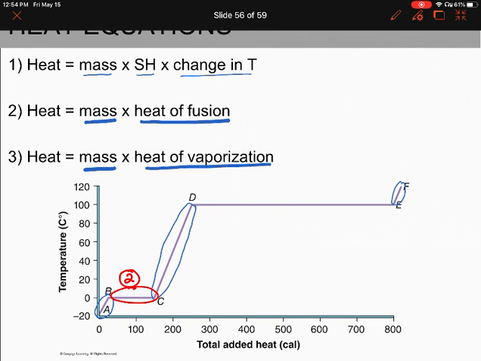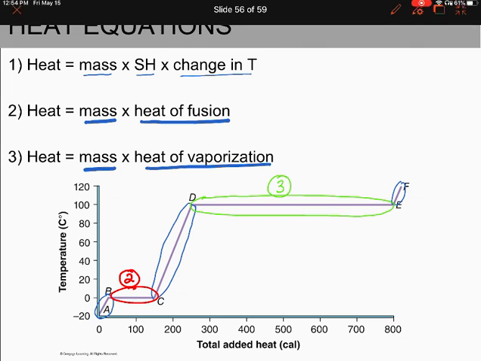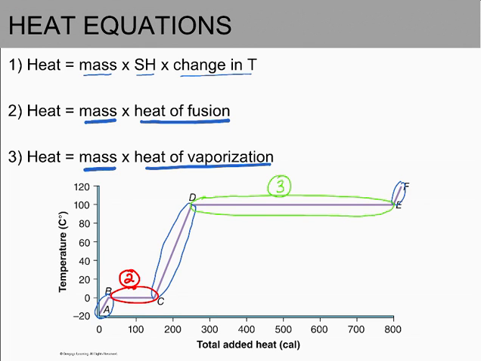The only place we can use that is for this step between D and E, where we're boiling water. For the steps where there's an increase in temperature, we will need to look up the specific heat values for the different phases. Because remember, when we saw the water example earlier in our table, there were different values for ice, liquid water, and steam. So we would have to look up those specific heat values.